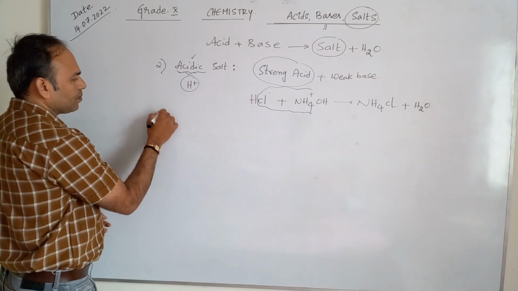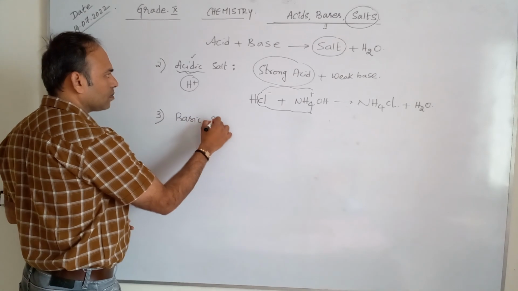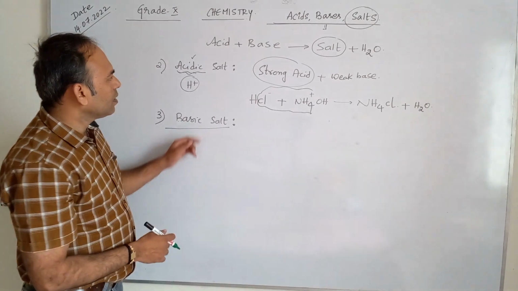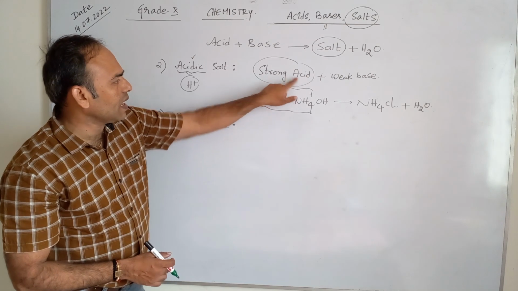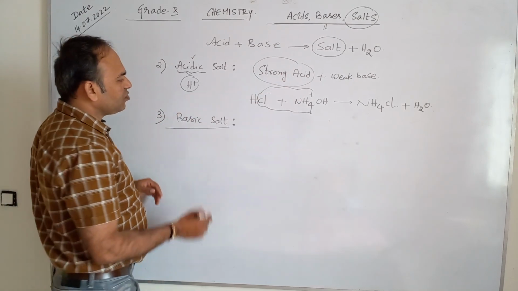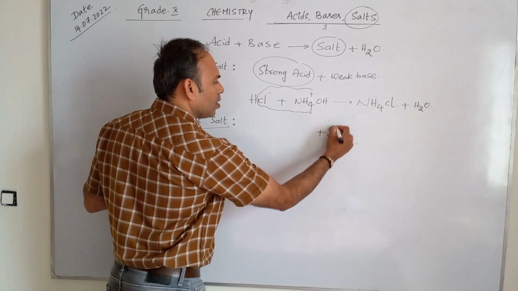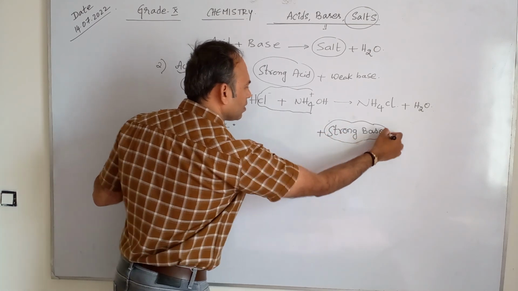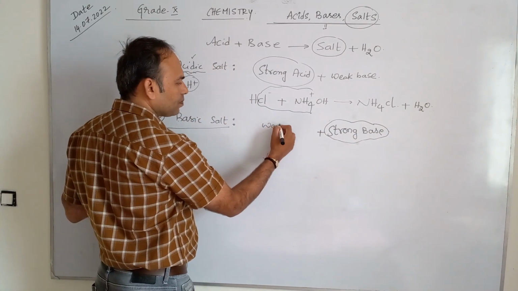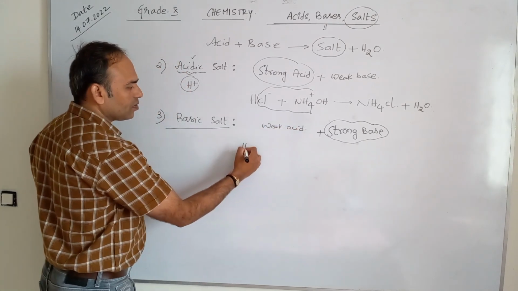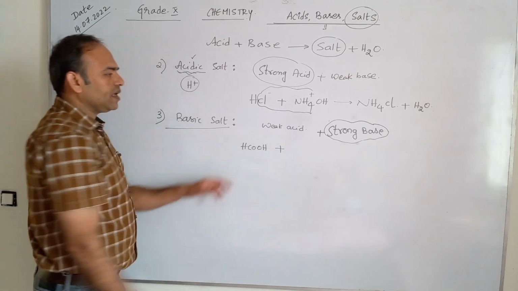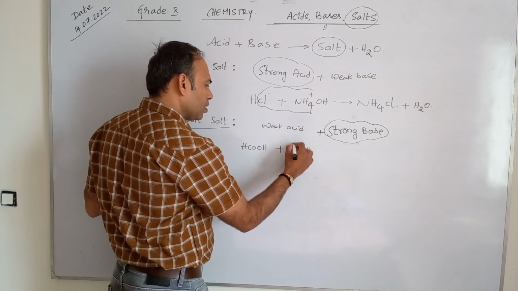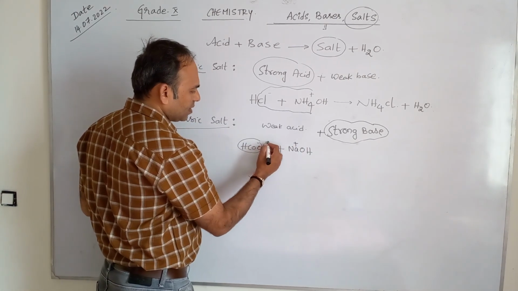So ammonium chloride comes under acidic salt depending upon the strength of the acid and base. Now the last one, that is basic salt. See, with all these examples you yourself can guess. Acidic salt means the acid is strong. Now basic salt means the base will be strong, and the acid will be weak. You know the examples, formic acid. Formic acid is a weak acid but a strong base, you can take NaOH. This is plus HCOO minus.